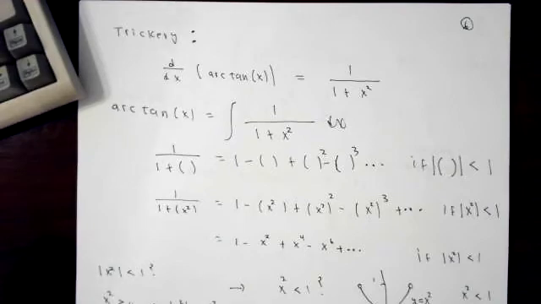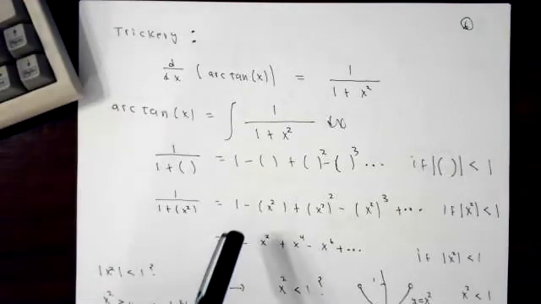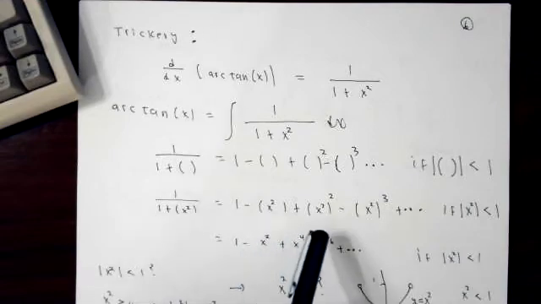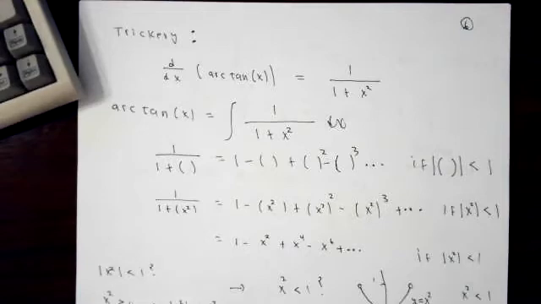Since the something here is x squared, I'm going to have 1 minus the something, x squared, plus the square of x squared minus the cube of x squared, and so on and so forth. That would be 1 minus x squared plus x to the 4th minus x to the 6th, and so on.